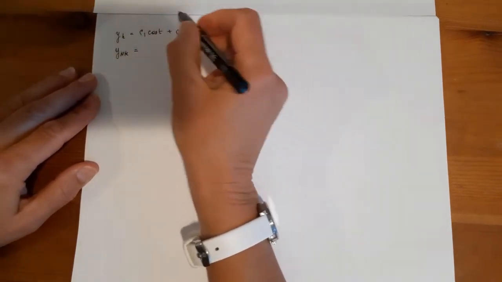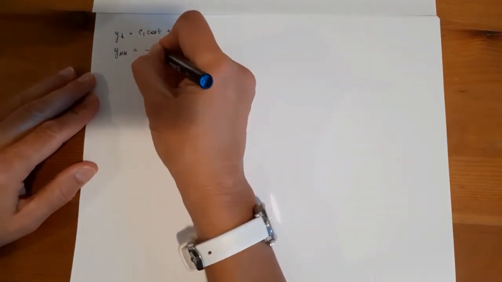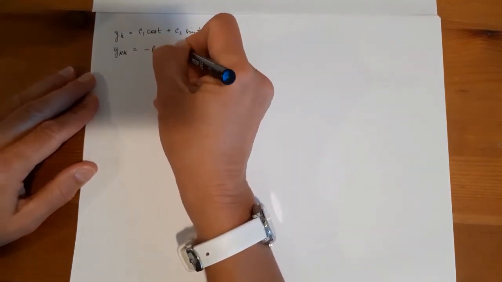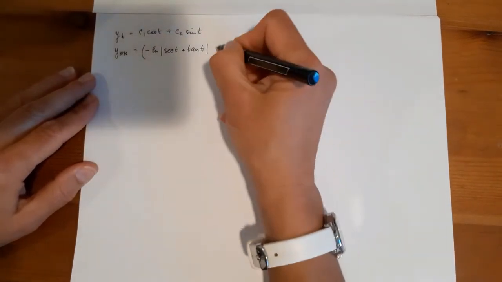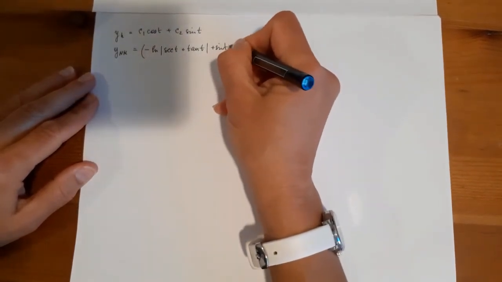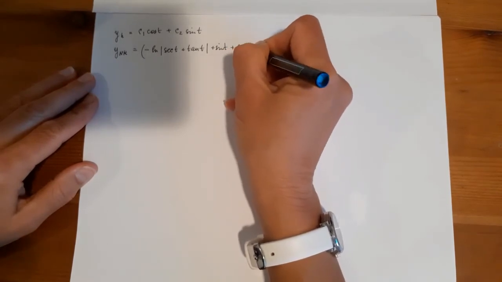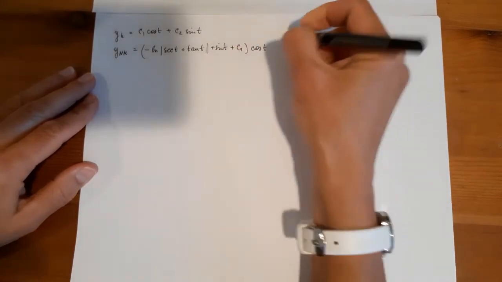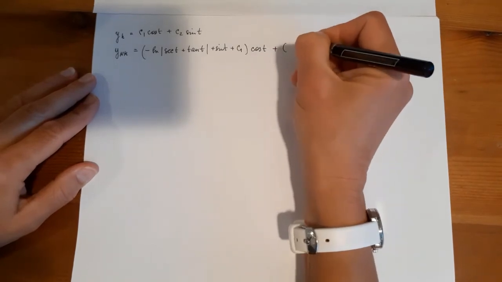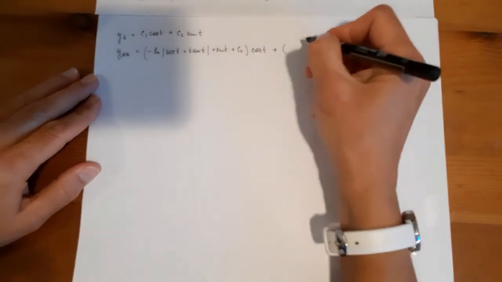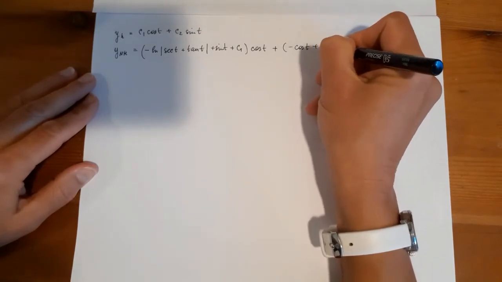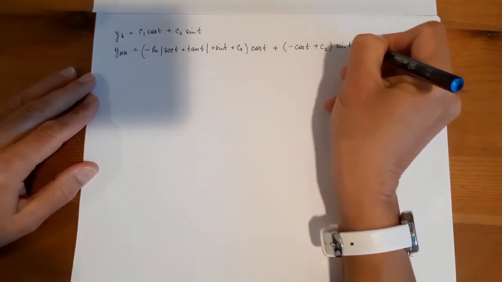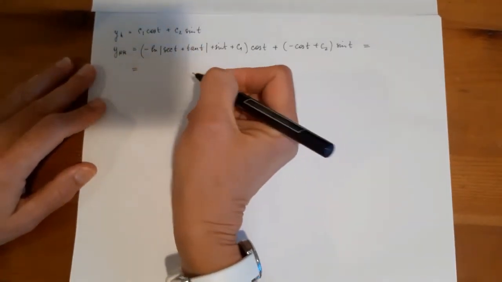Instead of c1, I'm going to write down this expression: minus ln secant of t plus tangent of t plus sine of t plus c1, times cosine of t. Plus, instead of c2, minus cosine of t plus c2, times sine of t. I'm going to open my parentheses to simplify it a little bit.